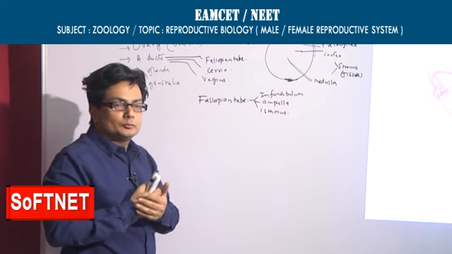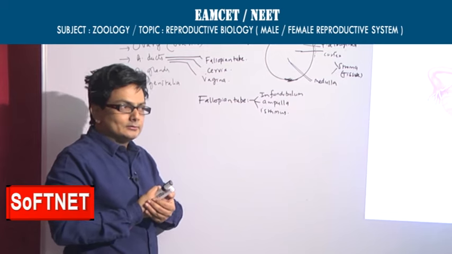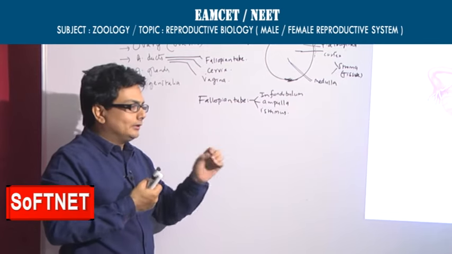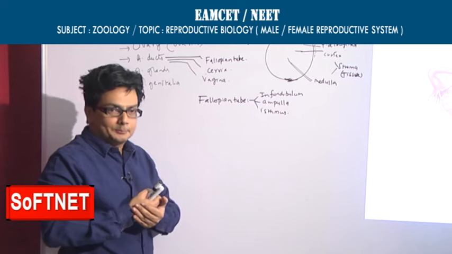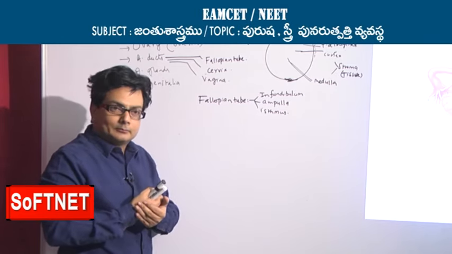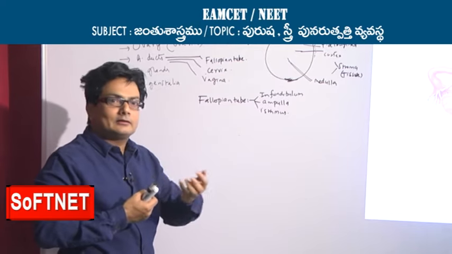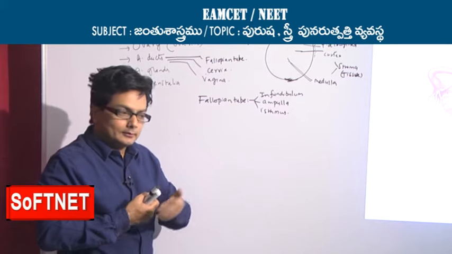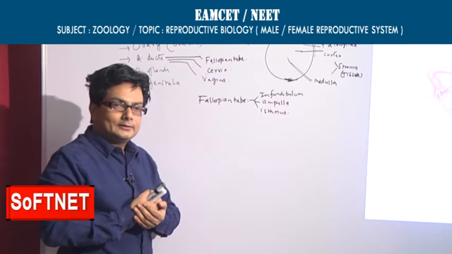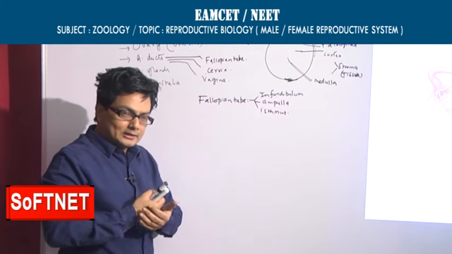The fallopian tube is lined by columnar cells which are ciliated, and here and there they are interspersed by the peg cells. The columnar ciliated epithelium of the fallopian tube receives the secondary oocyte, allows it to move forward and reach the site of fertilization.